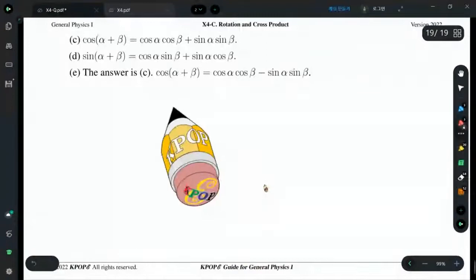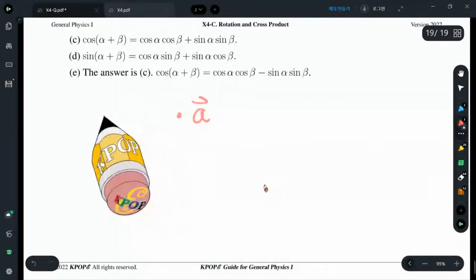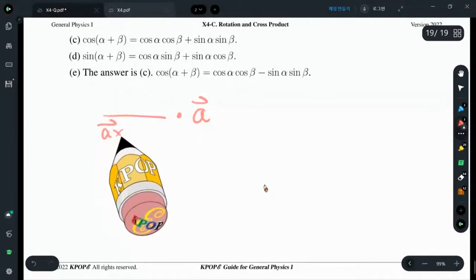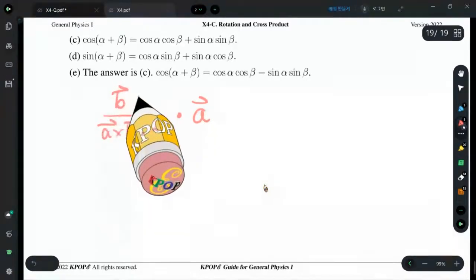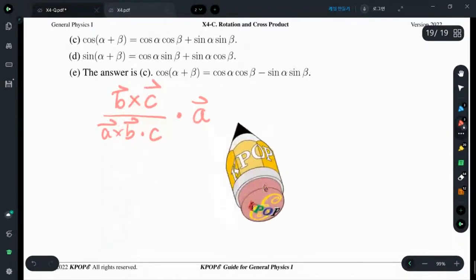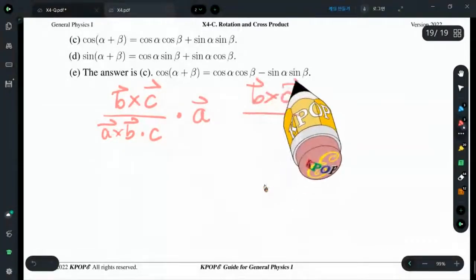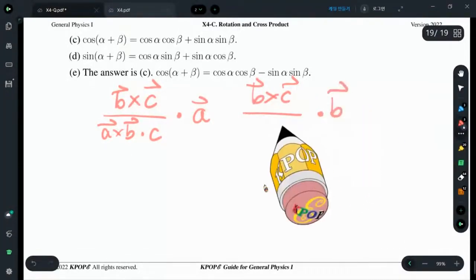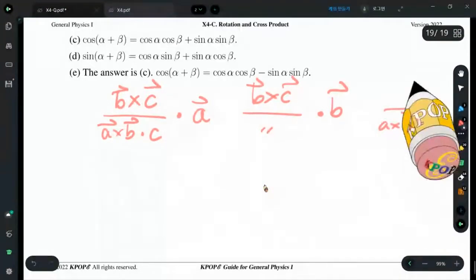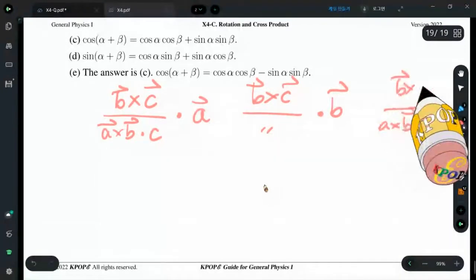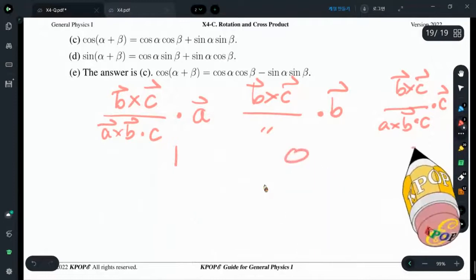Therefore, I have a vector B cross C dotted with A, B, C giving 1, 0, 0.